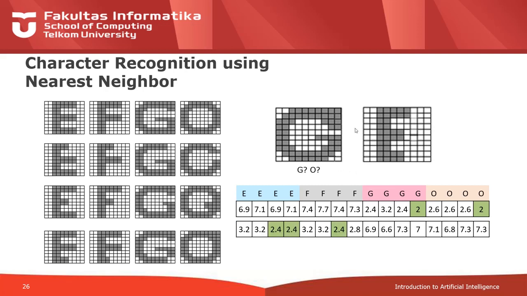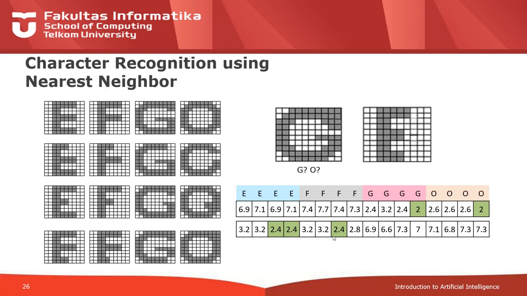Okay, this is another example where these three distances are the same, 2.4, but 2 is in E and 1 is in F. So which one do you think it should be? I think it should be in E, right? But how do we program the nearest neighbor so that it picks E instead of F?